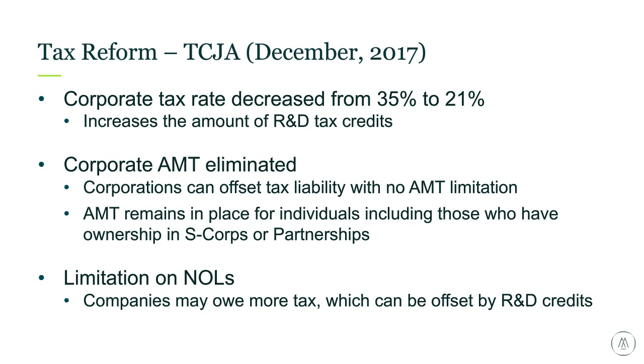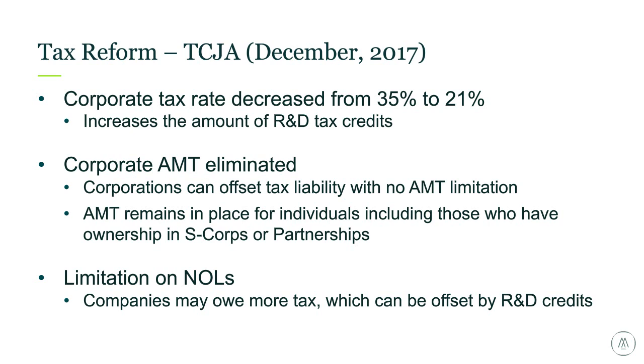And one of the biggest changes was that the corporate tax rate was decreased from 35% to 21%, which increases the net R&D tax benefit from 65% to 79%, meaning you realize 79 cents on the dollar, which is a 14% increase.